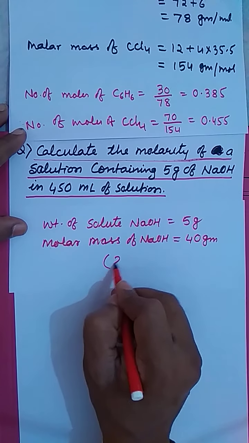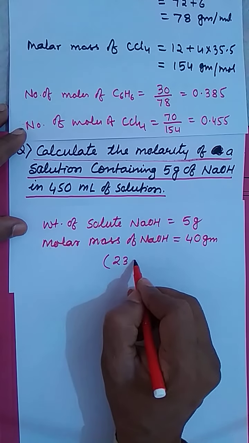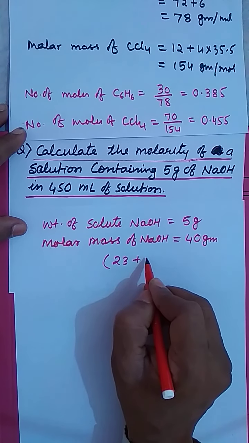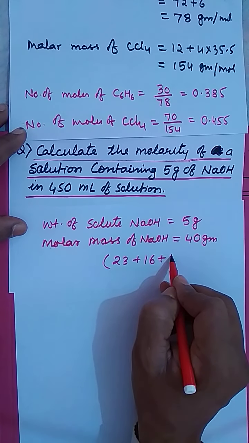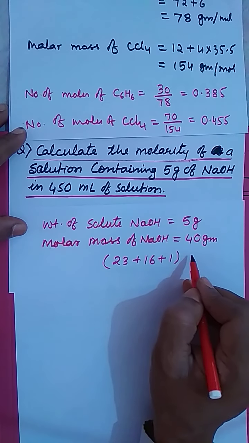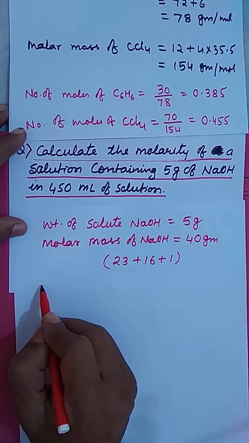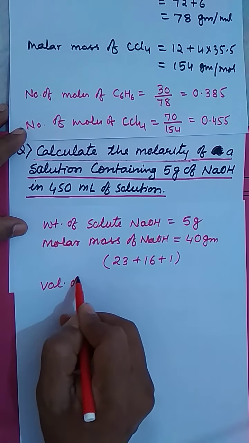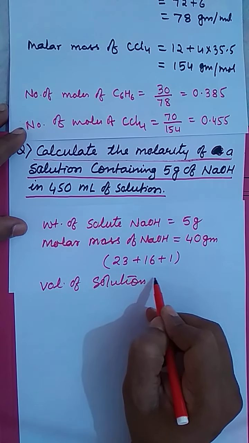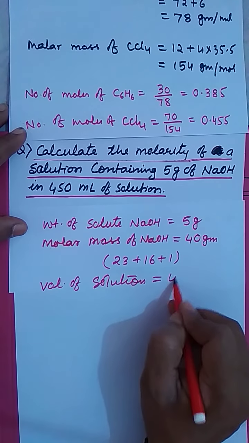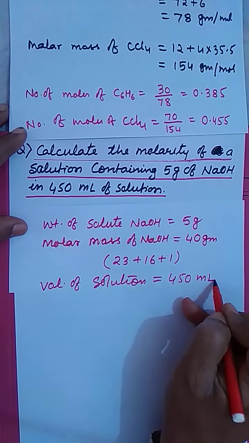You can calculate in this way: 23 sodium plus 16 plus 1, right? And volume of solution is equal to 450 milliliter.